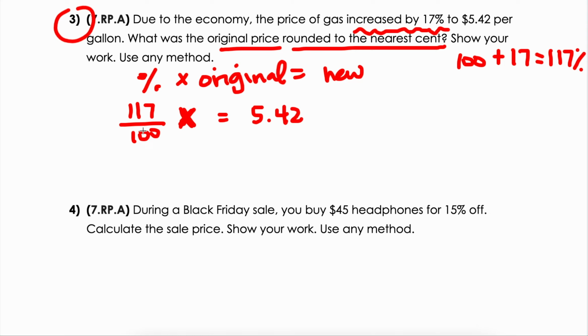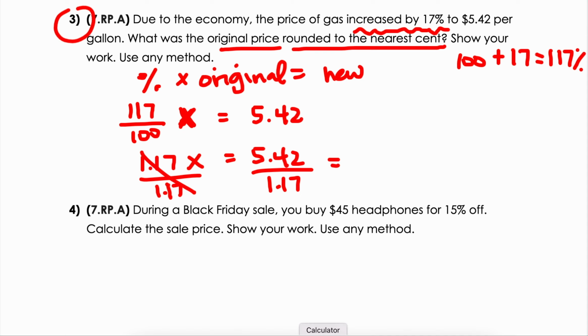So let's just keep it as x, equals my new amount, which is $5.42. I'm going to divide 117 by 100 to get my percent as a decimal. That's 1.17 times x, because we didn't know the original amount, equals $5.42. So in reverse, I'm going to have to divide both sides by 1.17.